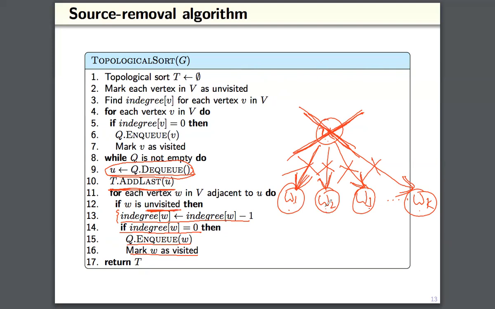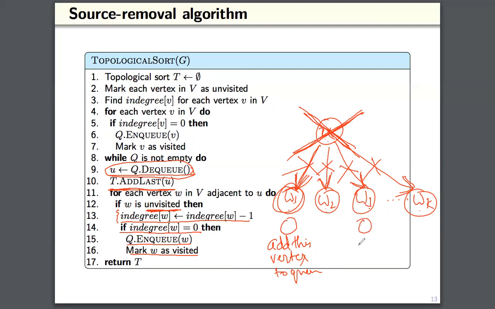If it is visited, we don't care. Okay. So then if the in degree of any of these is 0, then you automatically know that for the next step that might be useful. So you add this vertex to queue and mark as visited, right?